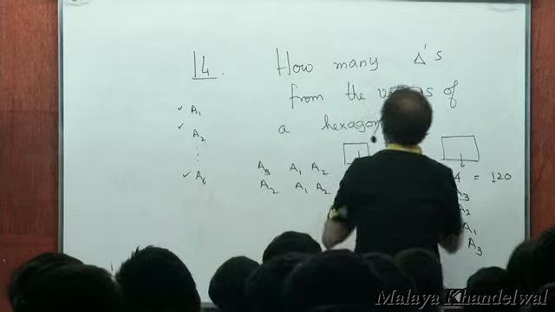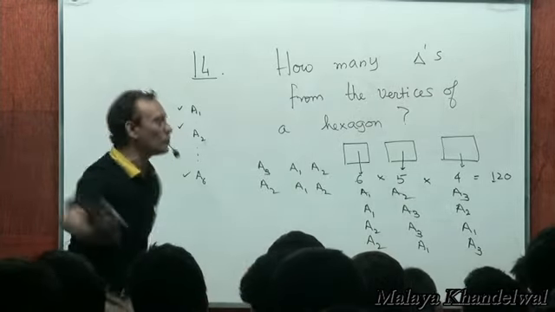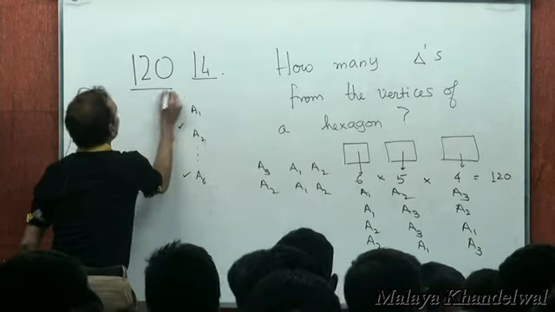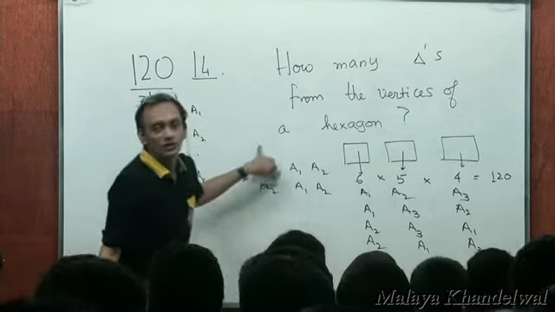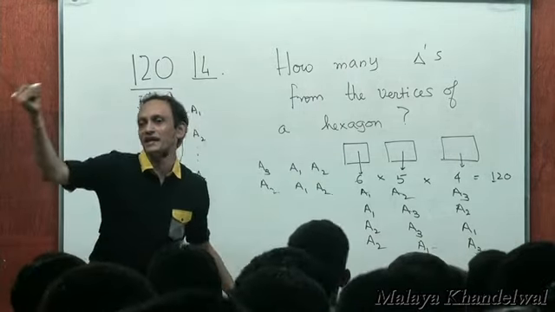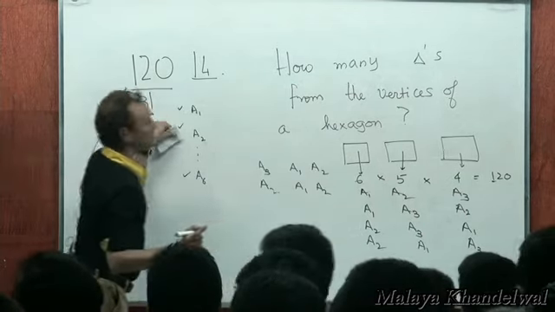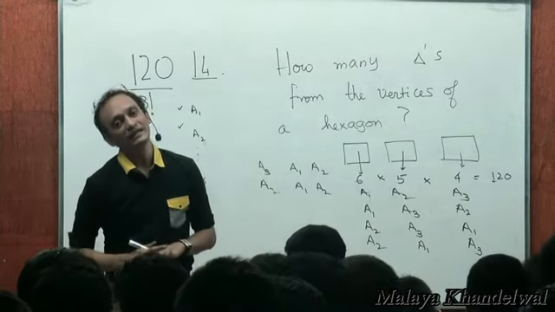Therefore, the total count will not be 120 but 120 divided by 3 factorial, to suppress duplicate counts. 3 factorial is 6. So 20 such triangles could be created.